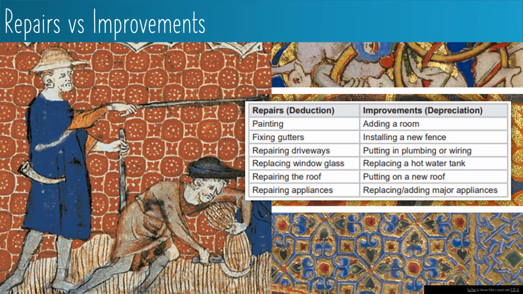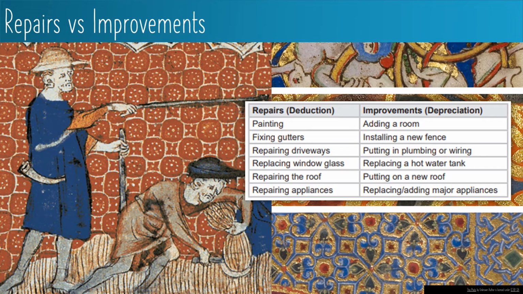Installing a new fence is considered an improvement. Putting in plumbing or wiring, these are very big changes to that house. Replacing the hot water tank, putting on a new roof, or replacing or adding major appliances.